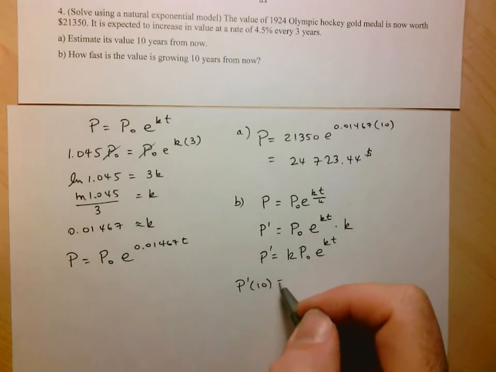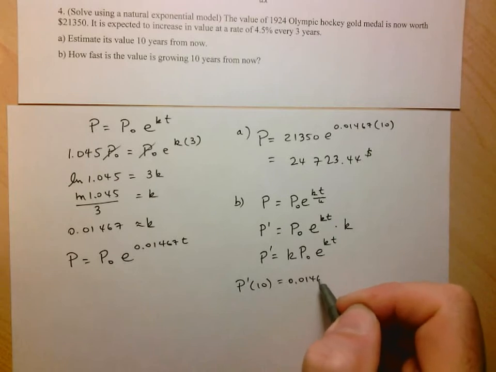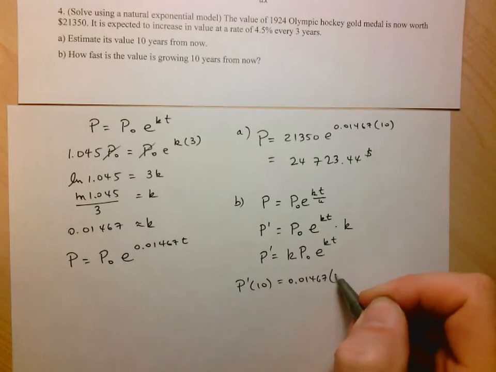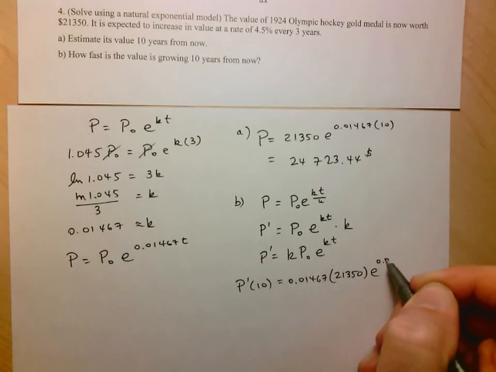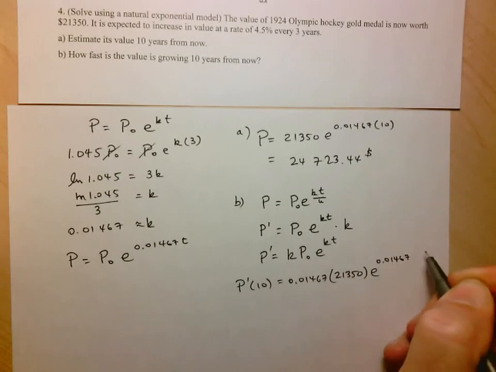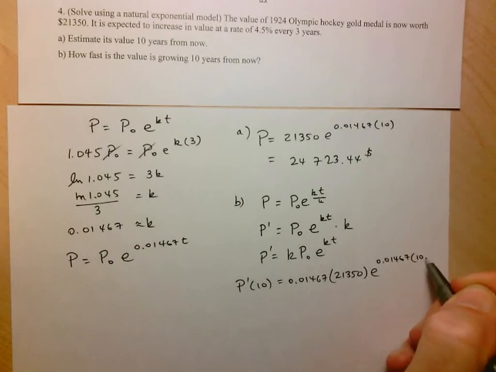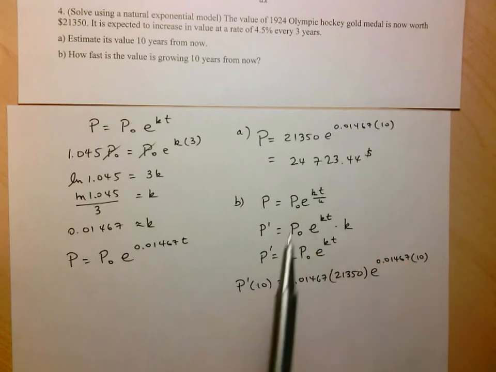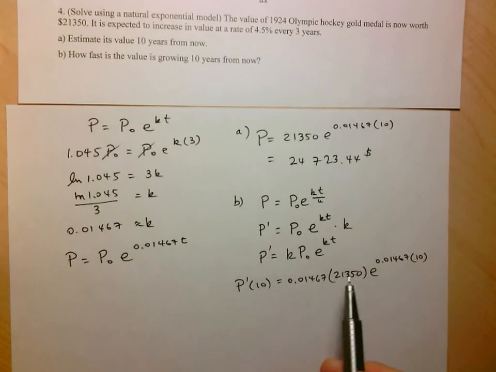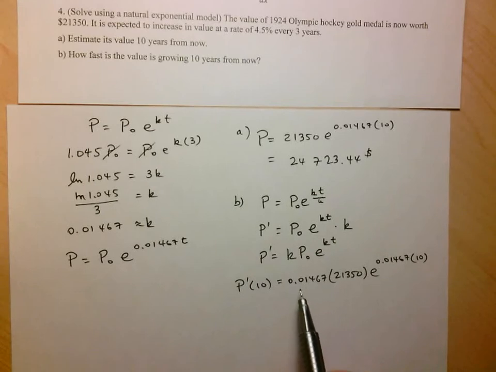So it's equal to 0.01467 times P naught, which is 21,350, times e to the 0.01467 times 10. But do you notice that this is exactly what I found earlier for the value? The only thing I have to do is multiply by the k value.